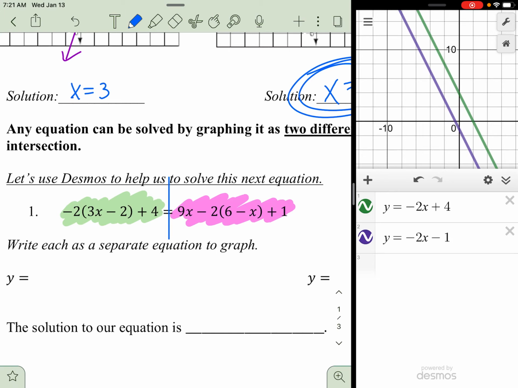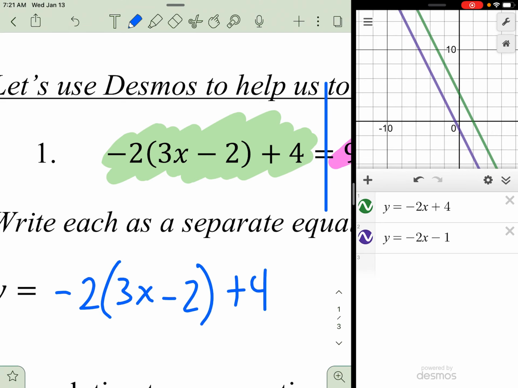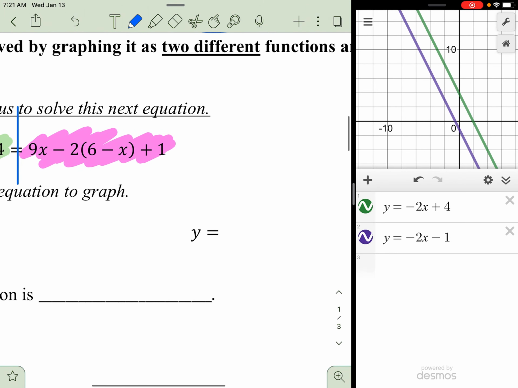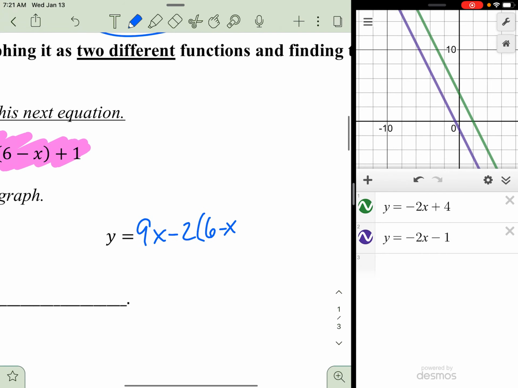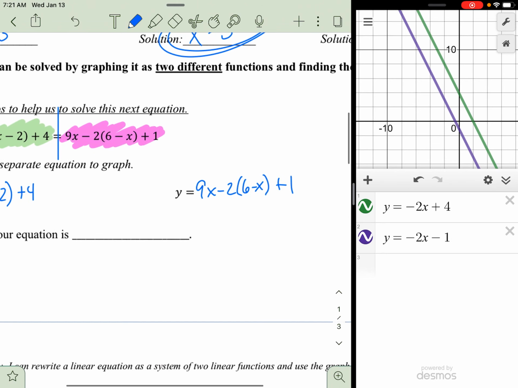Again, notice it's only one variable. There's only an x up there, so that allows me to separate it and say this is the same thing as saying y equals -2 in parentheses 3x minus 2 plus 4, I'm sorry. And then on the right side, we're going to copy down the pink. So 9x minus 2, 6 minus x, plus 1.